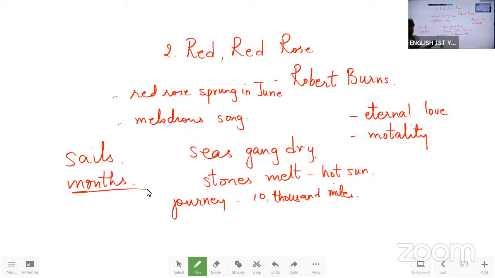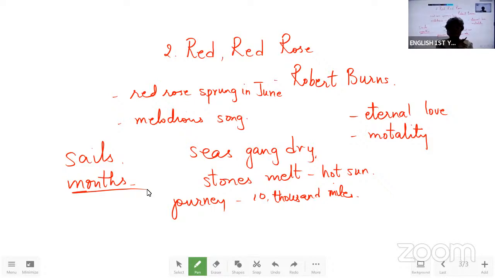It was not so easy. In between you have storms, tempests, and there are chances that the ship would be shipwrecked. So when they went on a journey, they always believed that this may be their last journey. They may return or they may not return.